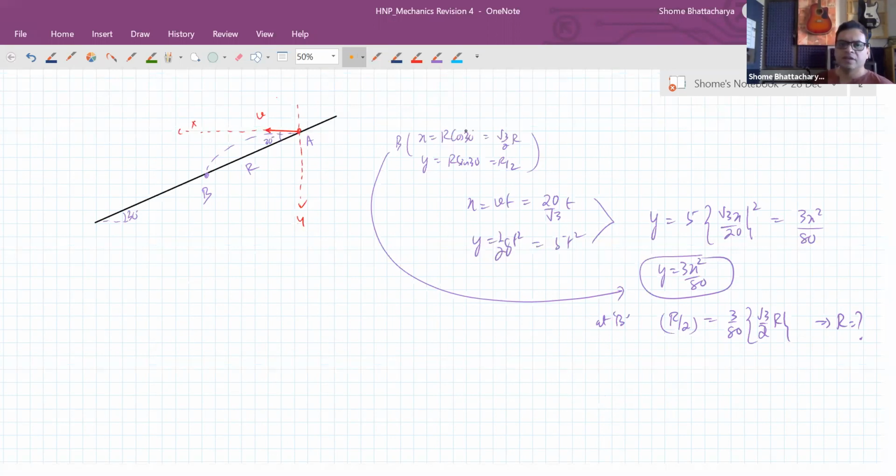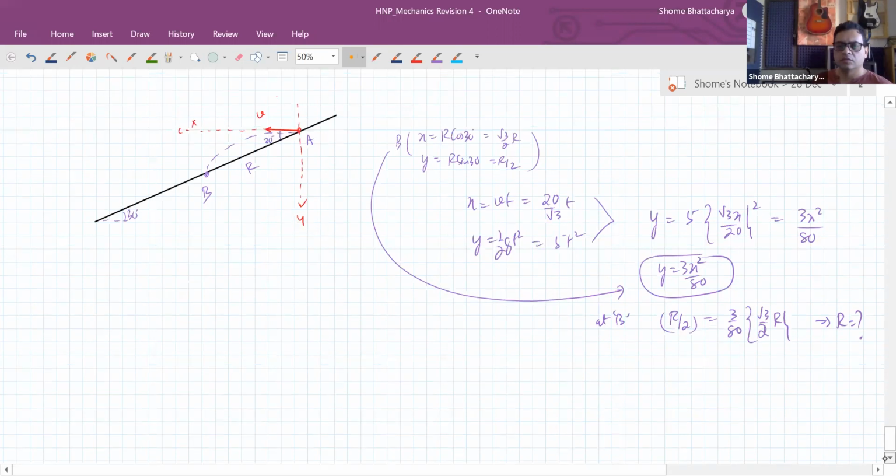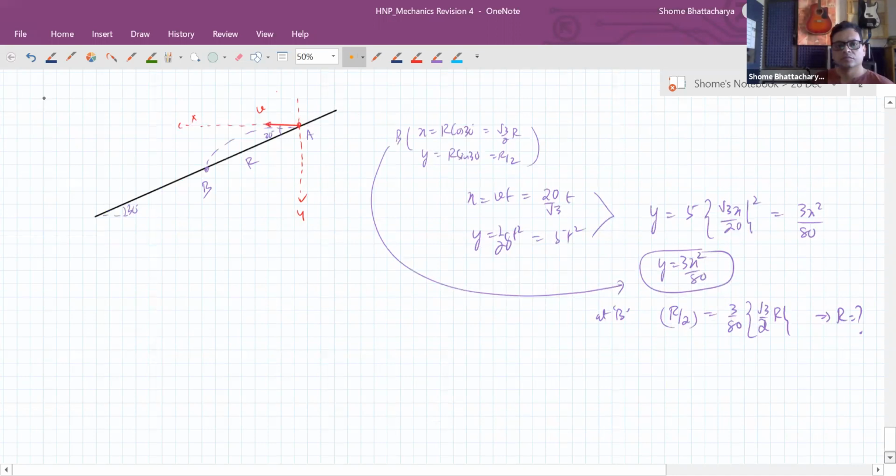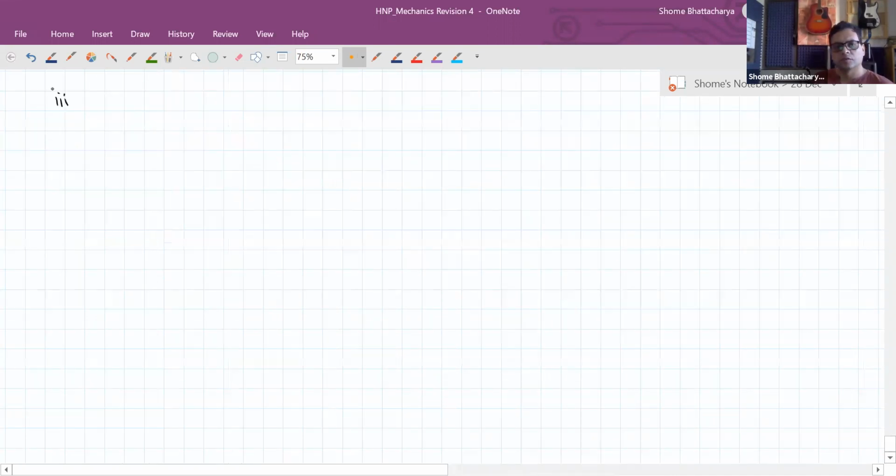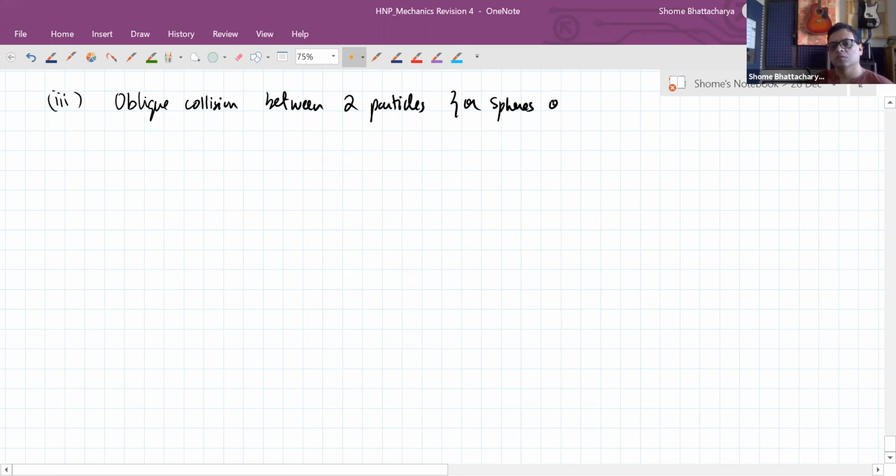Now let's come to the third and final type of collision. Oblique collision between two particles or bodies, or spheres or disks or these kind of things where there's no angular impulse involved.